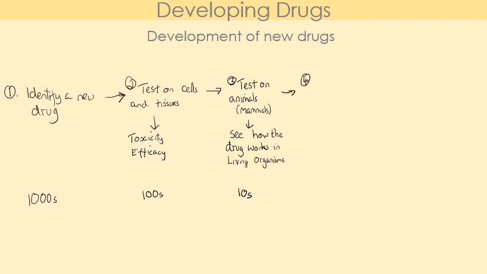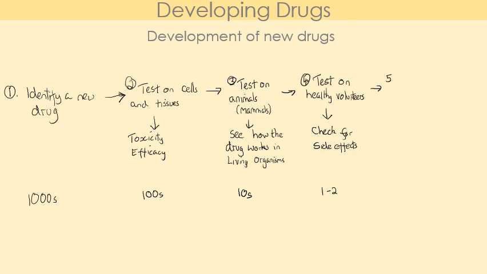Our next step, we will test on healthy volunteers. And this is to check for side effects. At this stage, we may be down to potentially 1 to 2 drugs that are successful.